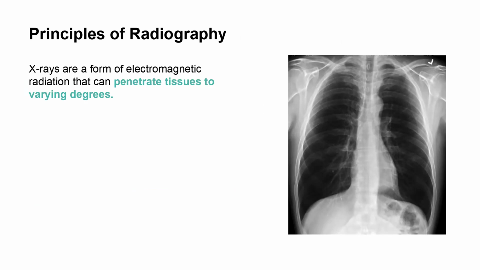X-rays are a form of electromagnetic radiation that can penetrate tissues to varying degrees. So that is what you need to understand. It is a form of electromagnetic radiation that can penetrate tissues to varying degrees in order to take the image of the body tissues.